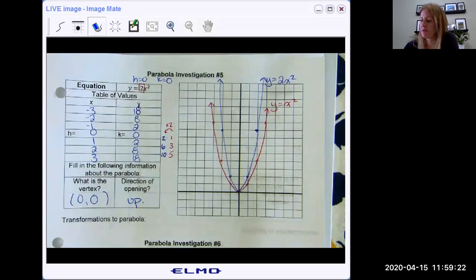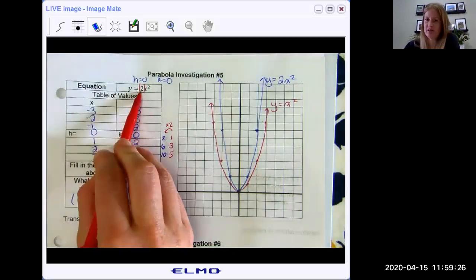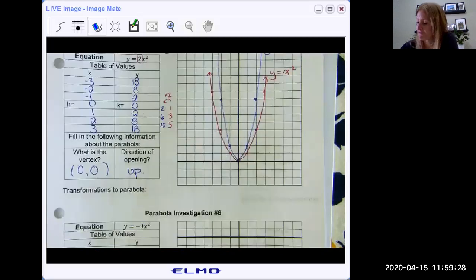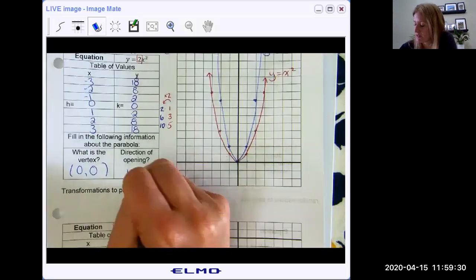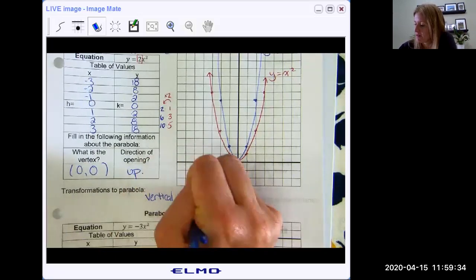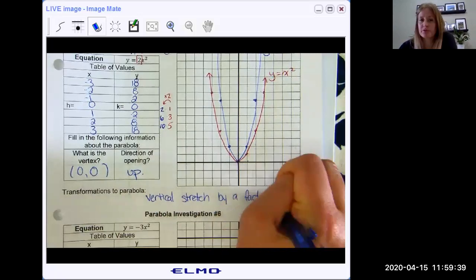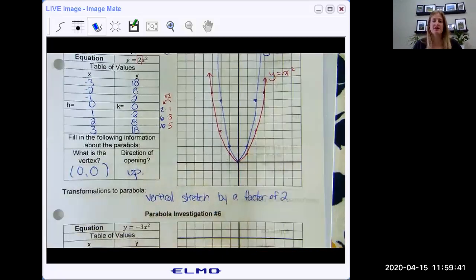If everything's being multiplied by 2, our A value is 2. So what do we call this? This is our vertical stretch. We say vertical stretch by a factor of 2. That's our transformation here.